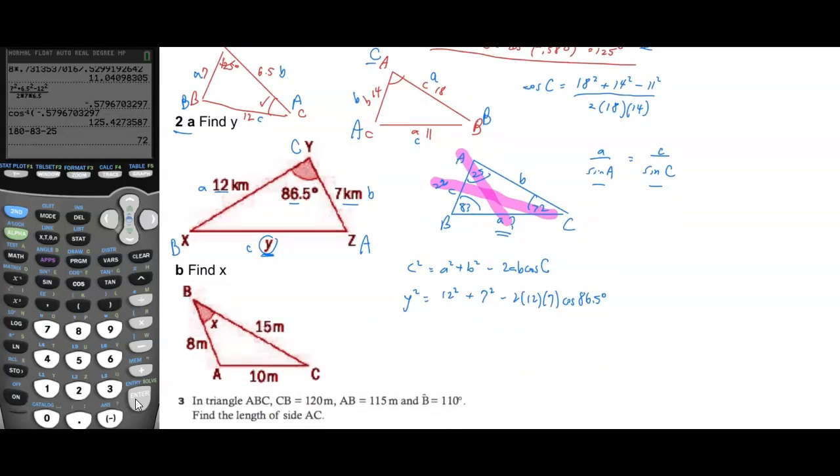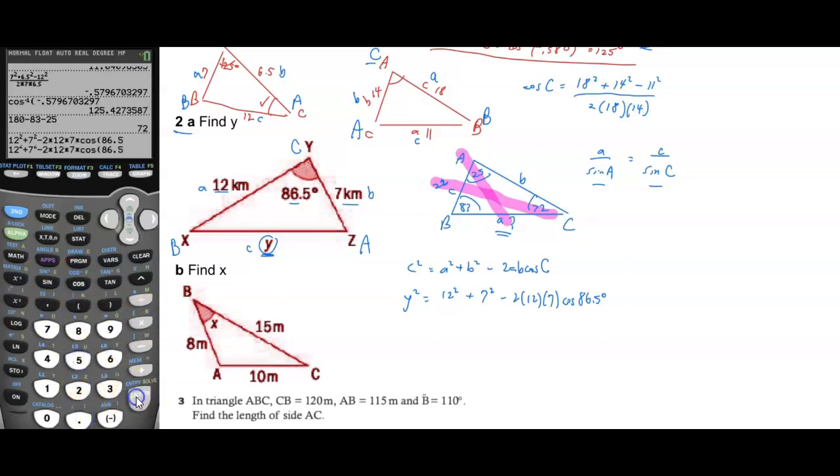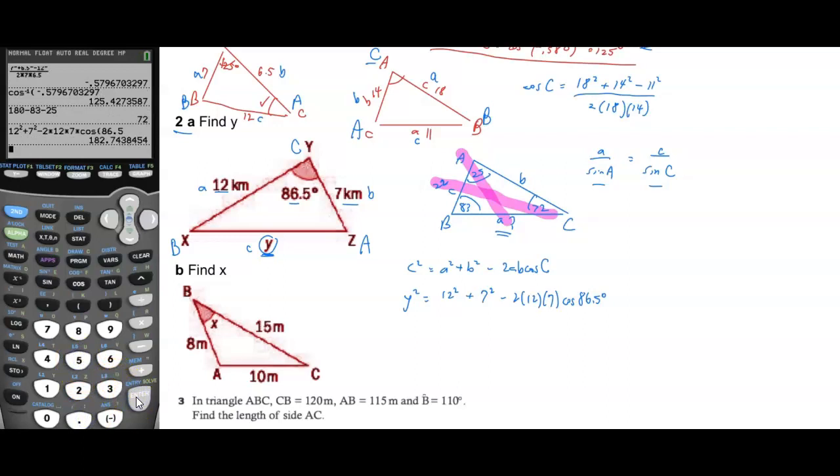Now I'm going to simplify the right side, and eventually we're going to have to take the square root of it, but first we're just going to simplify it. So we're just going to find what value it is. 12 squared plus 7 squared minus 2 times 12 times 7 times cosine of 86.5 equals 182.7, rounded to 183.